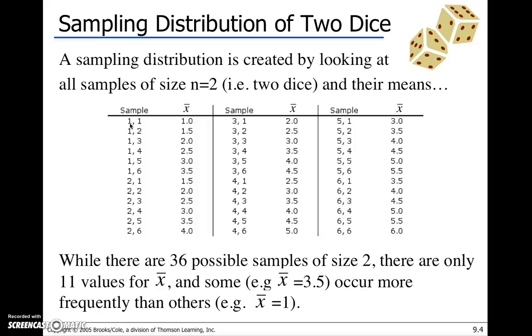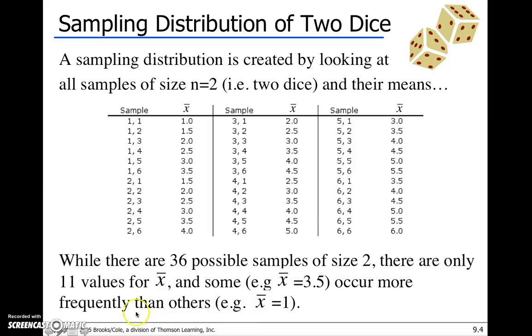You add the totals and divide by 2 to find the mean, shown here as x bar. So this table gives you a distribution of x bars. While there are 36 possible samples of size 2, there are only 11 values for x bar, and some, for example x bar equal to 3.5, occur more frequently than others.